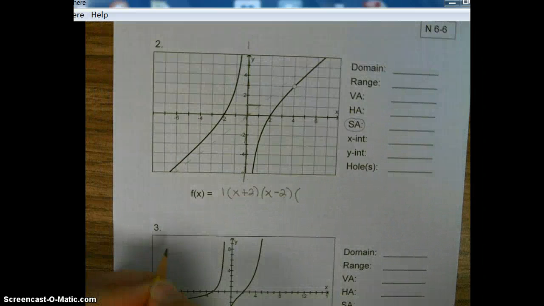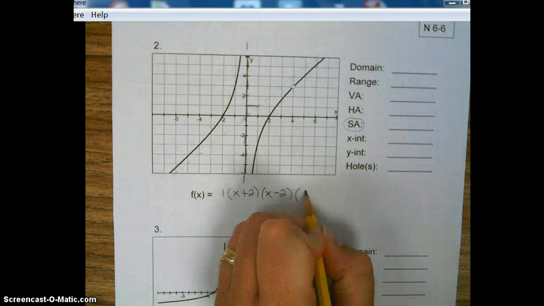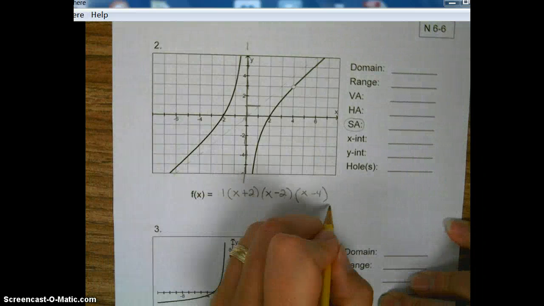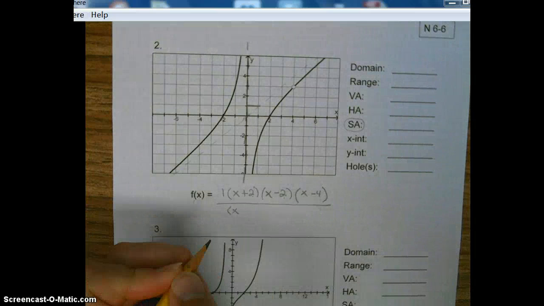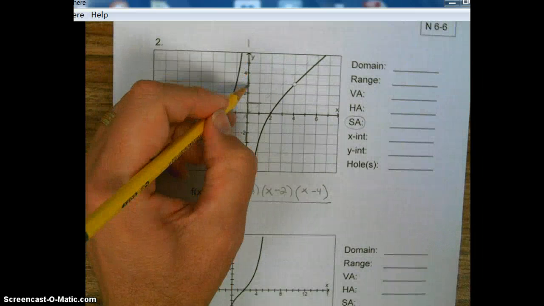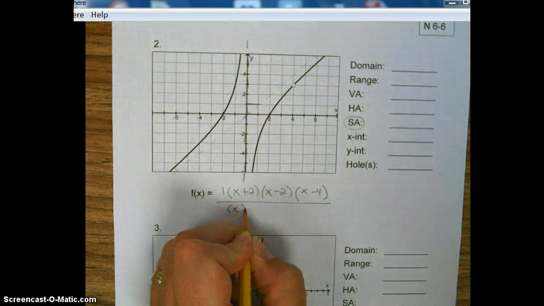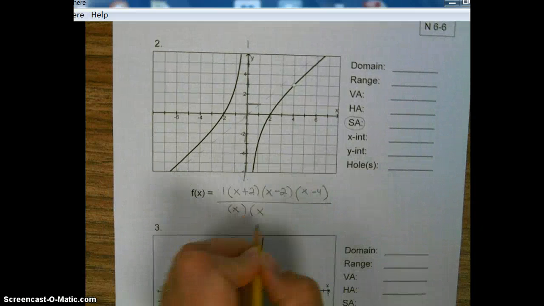And where is the hole? Here it is, which is at 4. So x minus 4. All right, over x minus our vertical asymptote, which in this case is 0. So x minus 0 times x minus the hole, which is at 4.